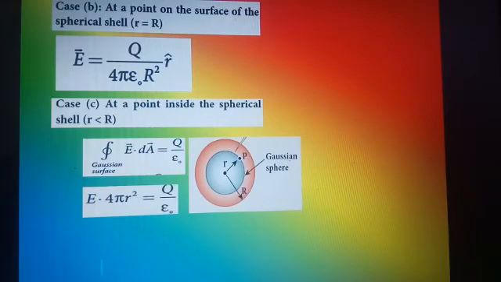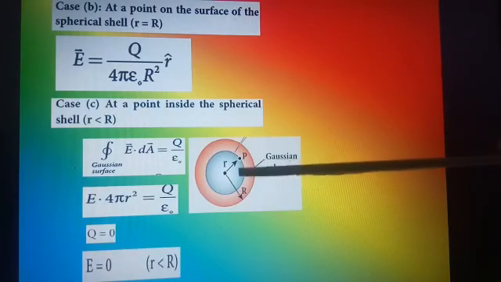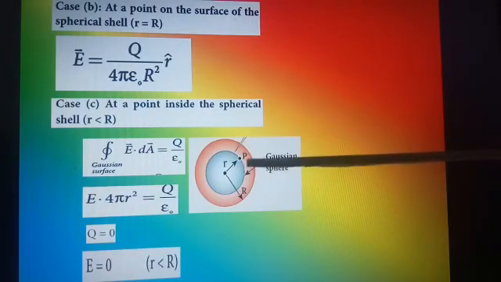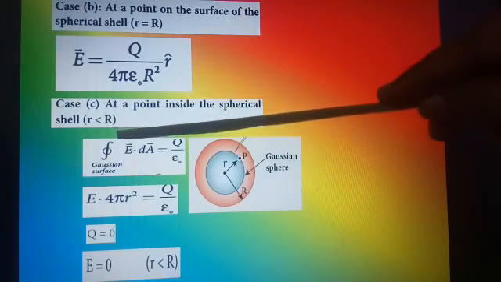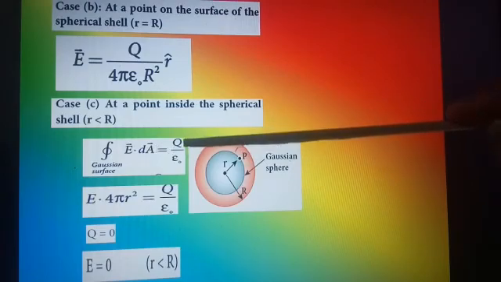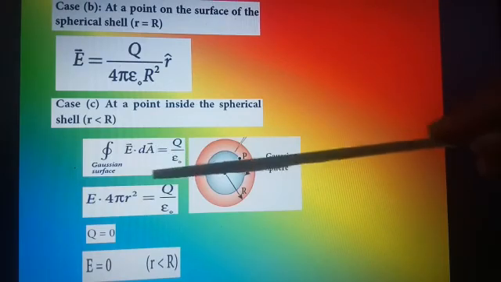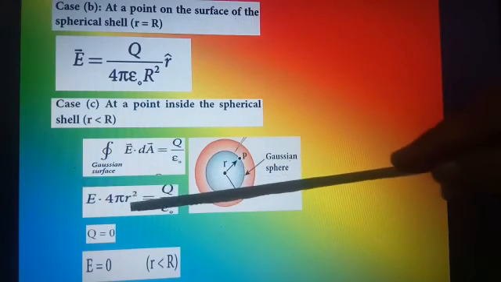And the next one is the third case. Consider a point P inside the shell, at a distance of r from the center. Now applying the Gauss law, we get the equation: integration over the closed surface of E vector dot dA vector is equal to Q by epsilon naught. Here the value of the integration of dA is 4 pi r square.